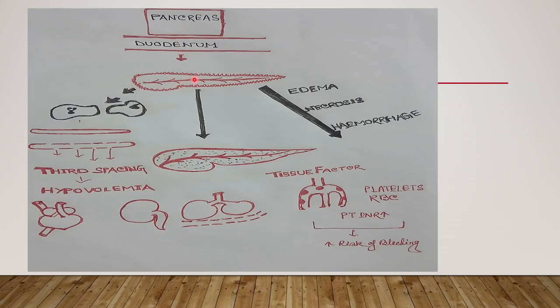When the pancreatic enzymes are activated before they arrive at the duodenum, when they are activated in the pancreas, which normally is in inactive form, in this abnormal situation of pancreatitis, protease, lipase or amylase get activated in the pancreas.